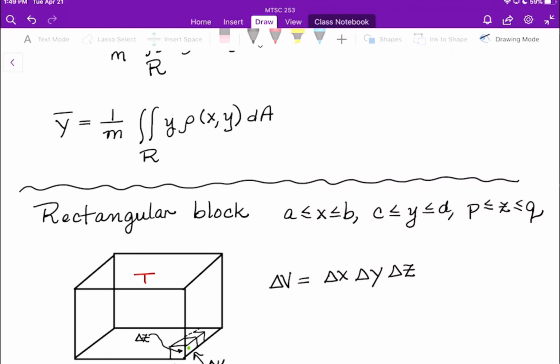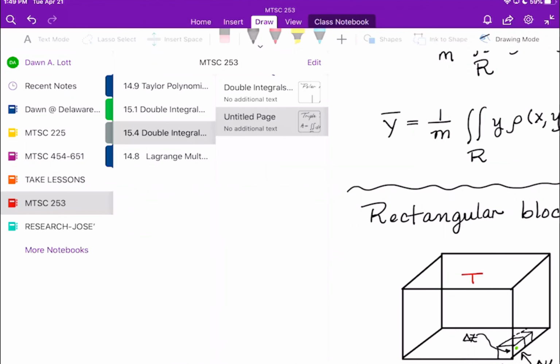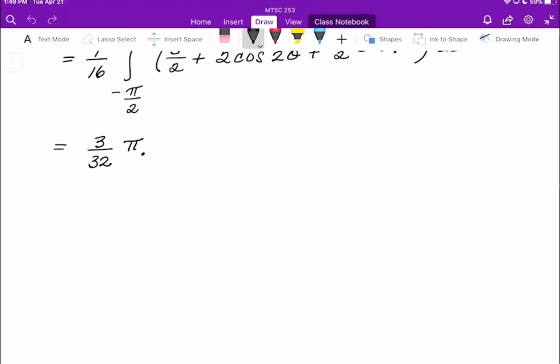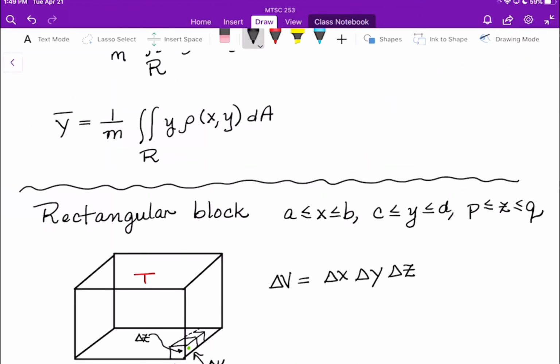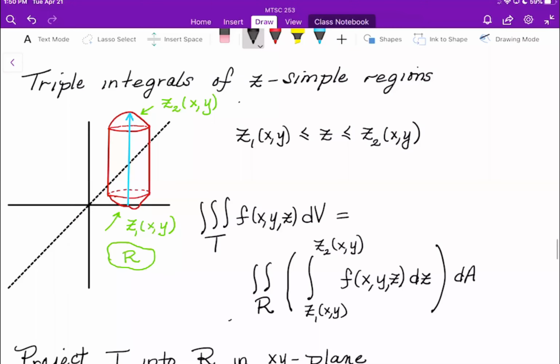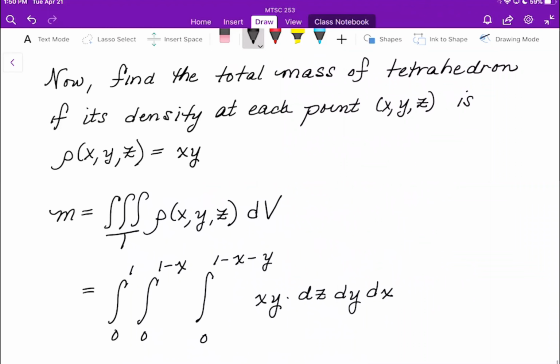Because there's no z here, I can pull this xy out to here.